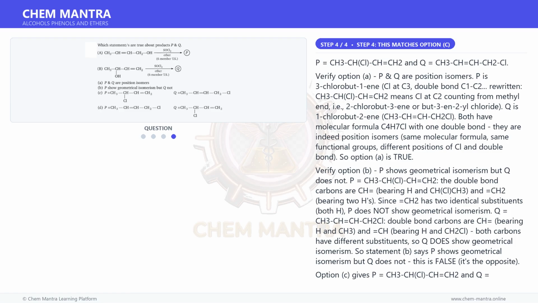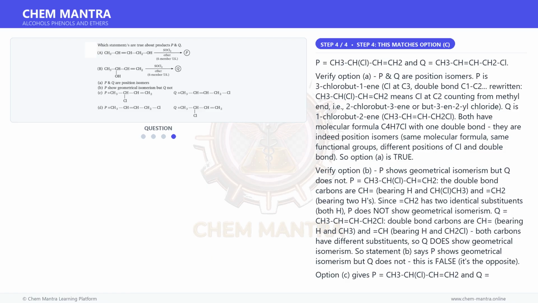Q is 1-chlorobut-2-ene, CH3-CH=CH-CH2Cl. Both have molecular formula C4H7Cl with one double bond. They are indeed position isomers, same molecular formula, same functional groups, different positions of Cl and double bond. So option A is true.